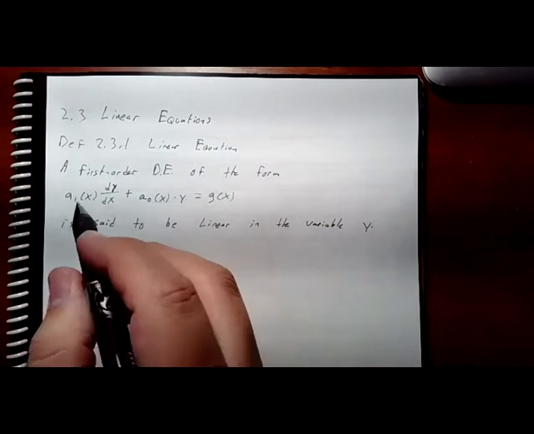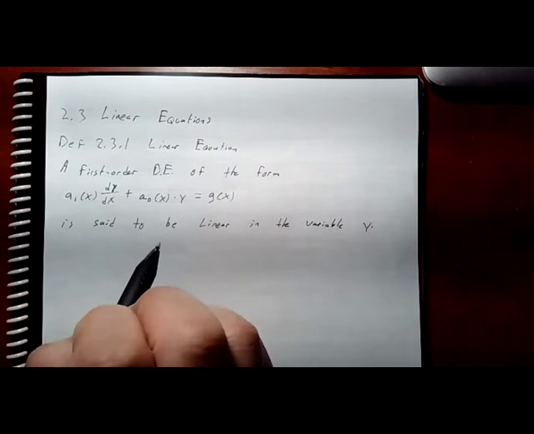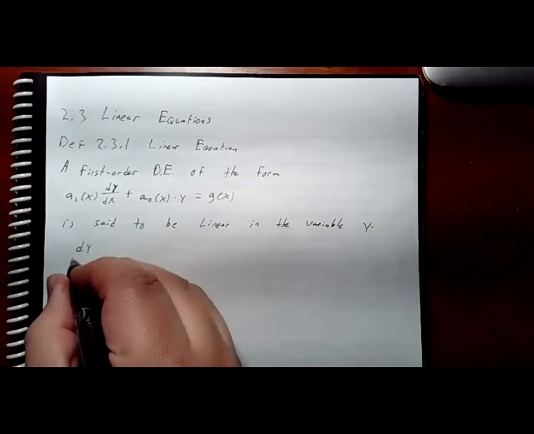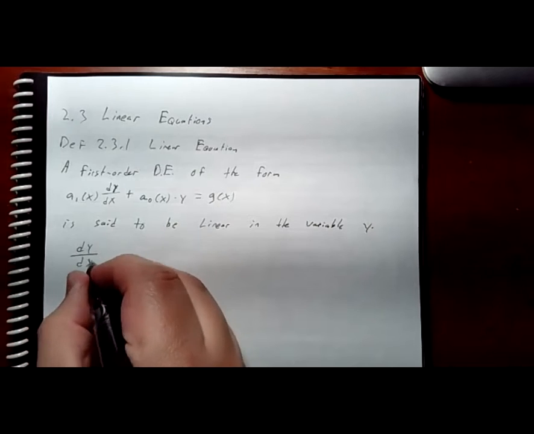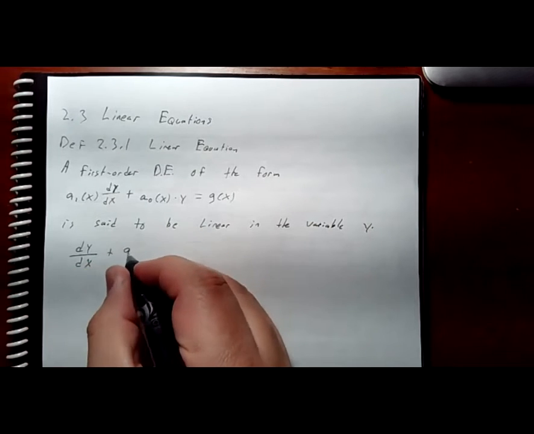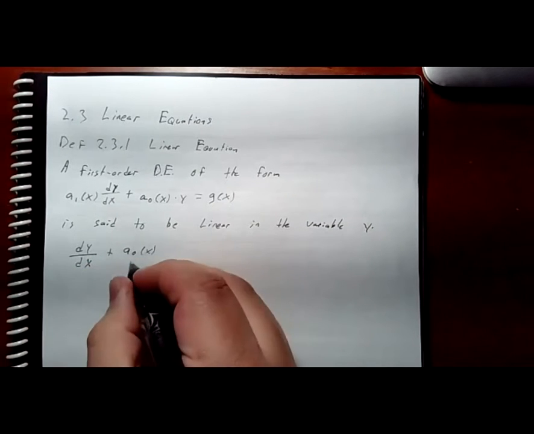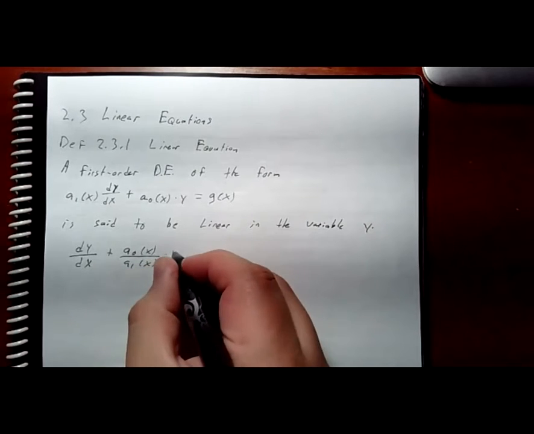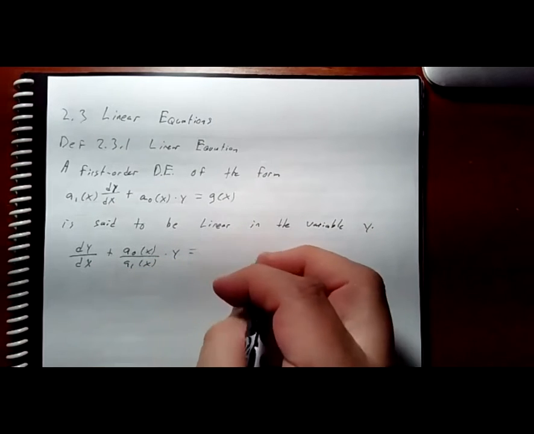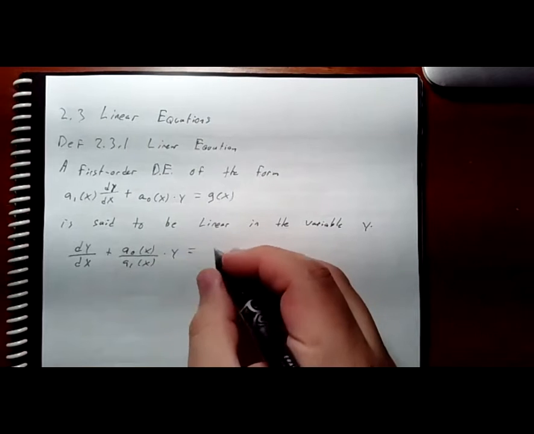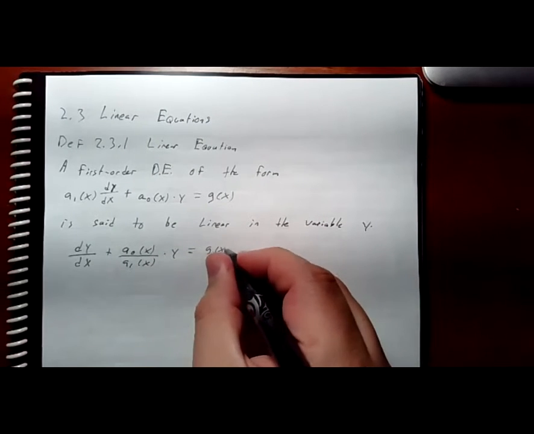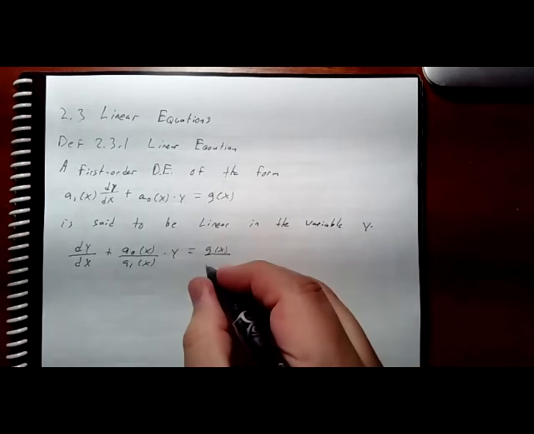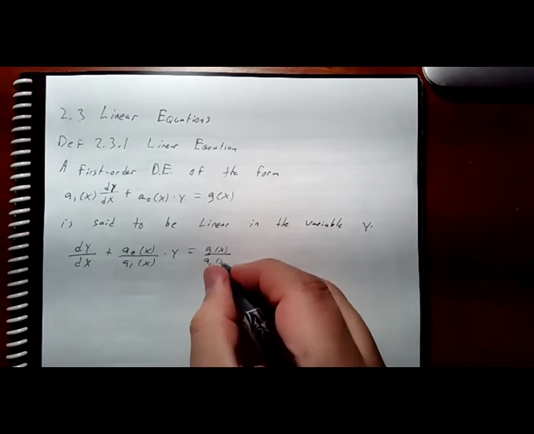Now, if you divide the a1 out and solve for dy/dx, you'll get dy/dx plus a naught of x over a1 times y equal to g of x over a1 of x.